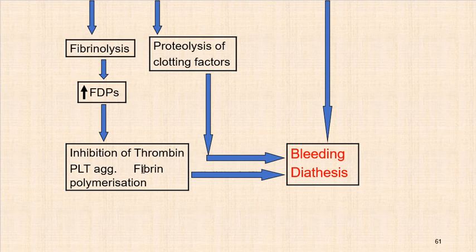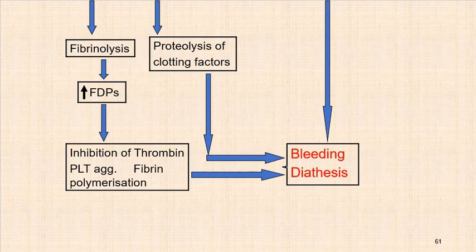That is inhibition of thrombin action, platelet aggregation and fibrin polymerization, and these all will lead to bleeding diathesis, a tendency towards excessive abnormal prolonged bleeding.